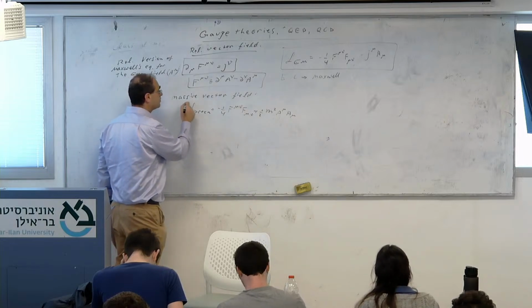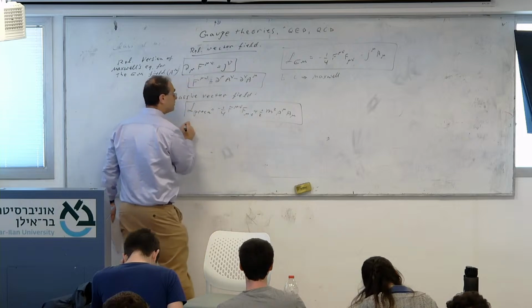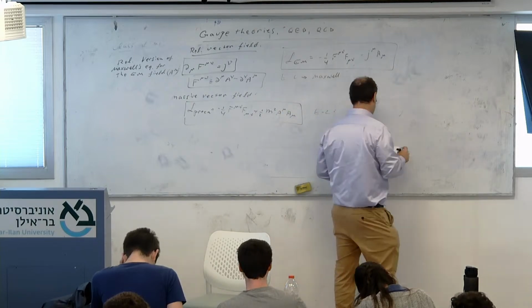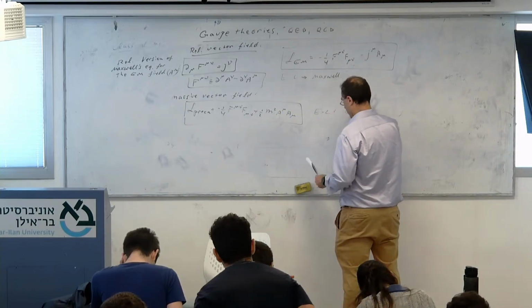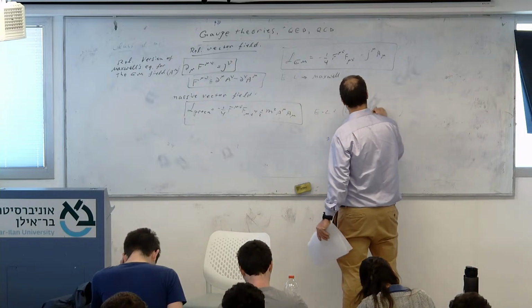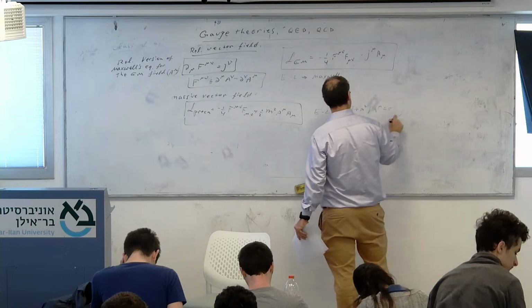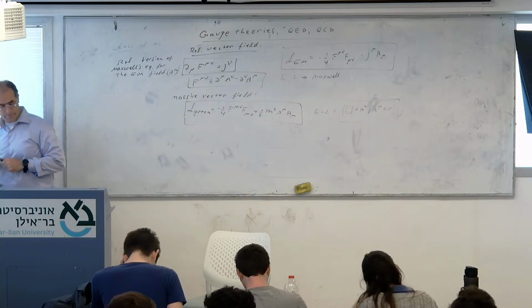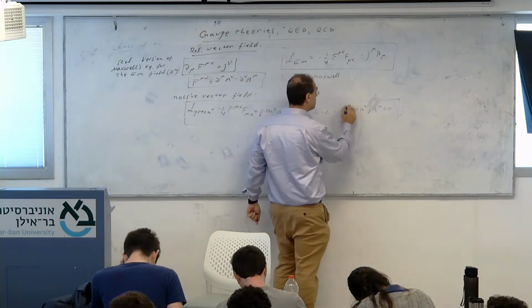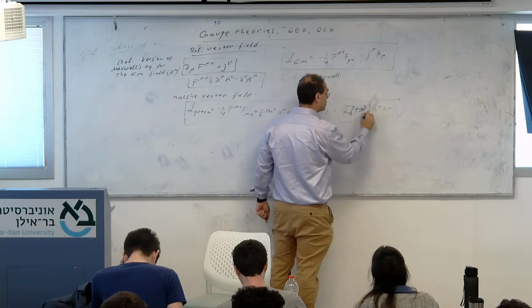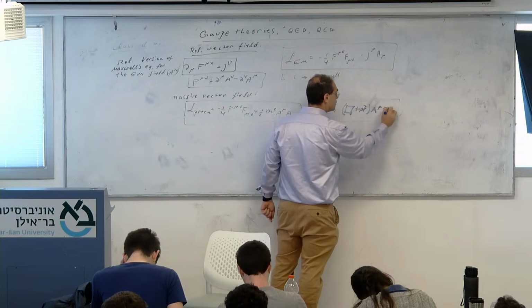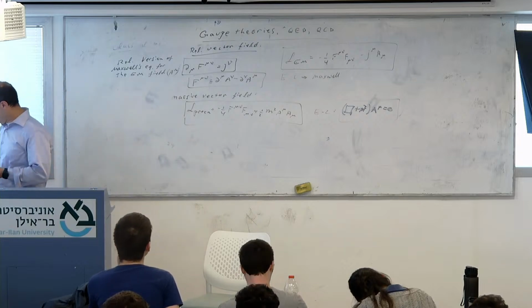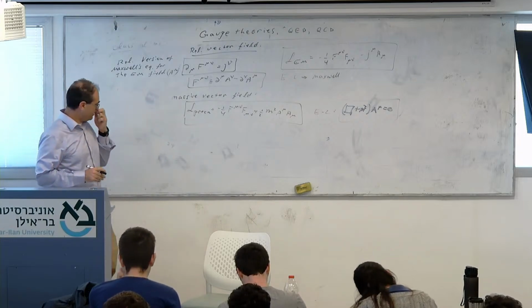Then the Euler-Lagrange equation gives back the Proca equation, the d'Alembertian plus m squared of A mu is equal to 0.